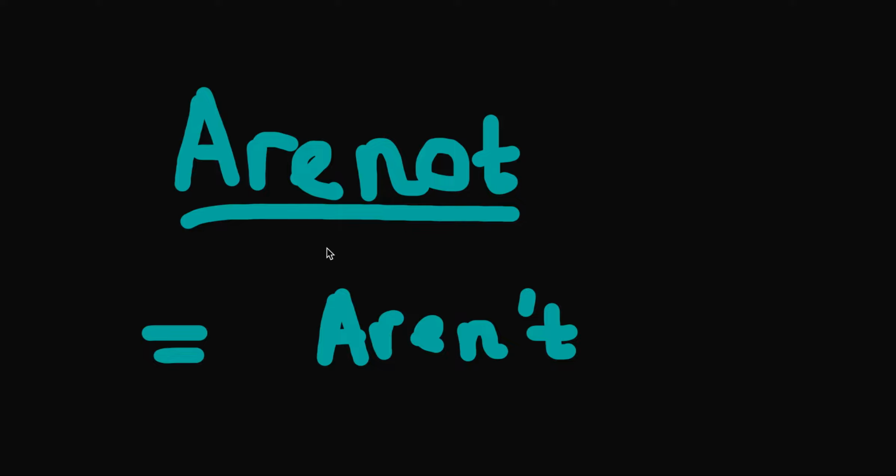So yeah, it's aren't. The pronunciation will be aren't. So if you want to know what it stands for, it is are not. The simplified version is aren't. Pretty much the way you pronounce aren't.